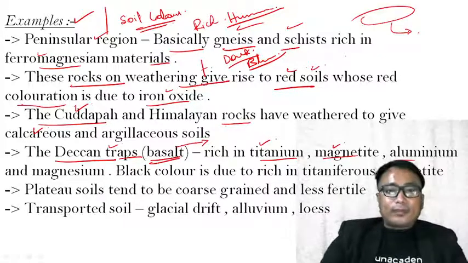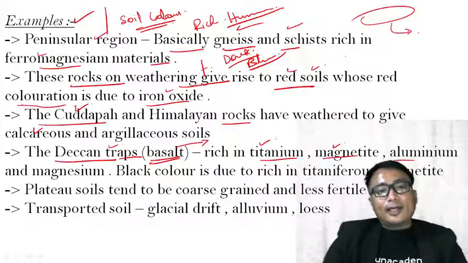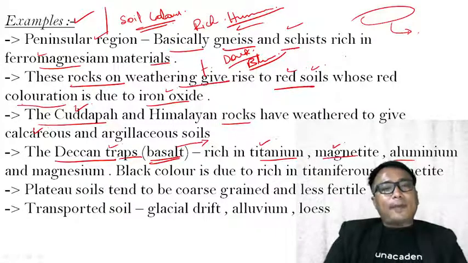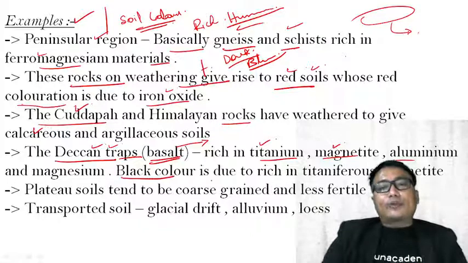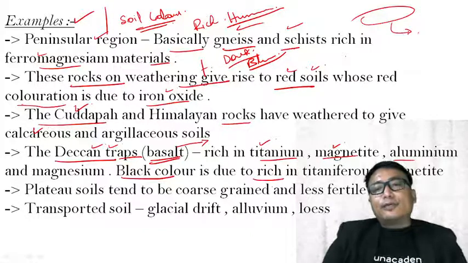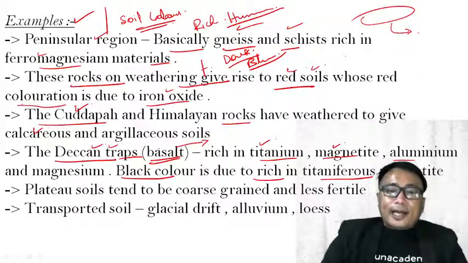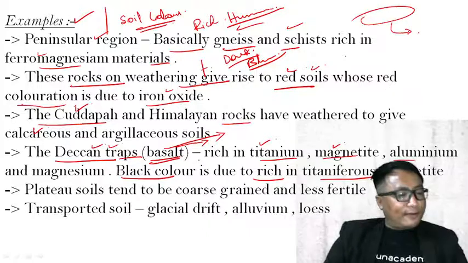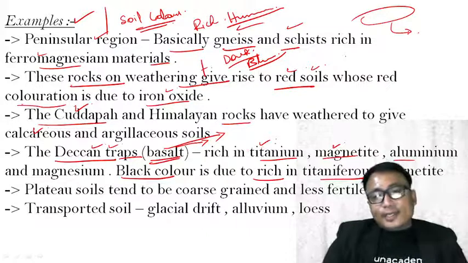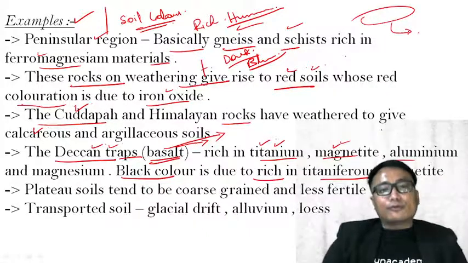One example of that is the black soil in the Deccan region. The black color soil in the Deccan region is due to the presence of titaniferous magnetite. See, in the Deccan region or Deccan plateau, we have this basaltic rock, that is the lava flow, which is rich in titanium, magnetite, aluminum, and so on and so forth.